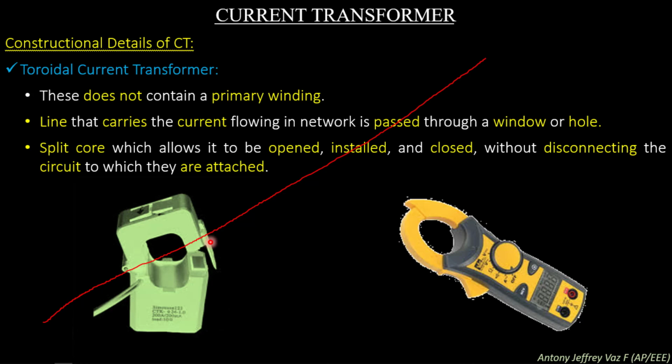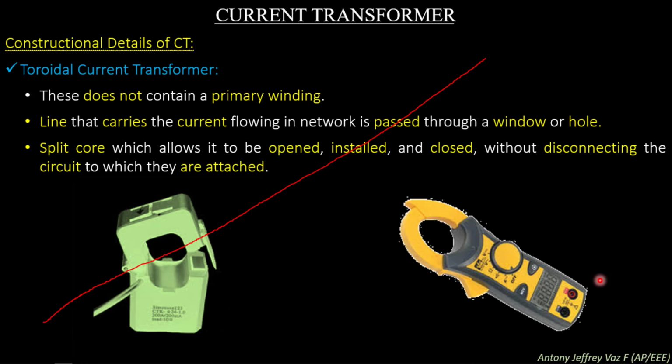So to measure the current, we can open the toroidal core, place this opened toroidal core on the transmission line, and lock the toroidal core down to make the ferrous material continuous, and then the current flowing in the primary can be measured using the toroidal current transformer.